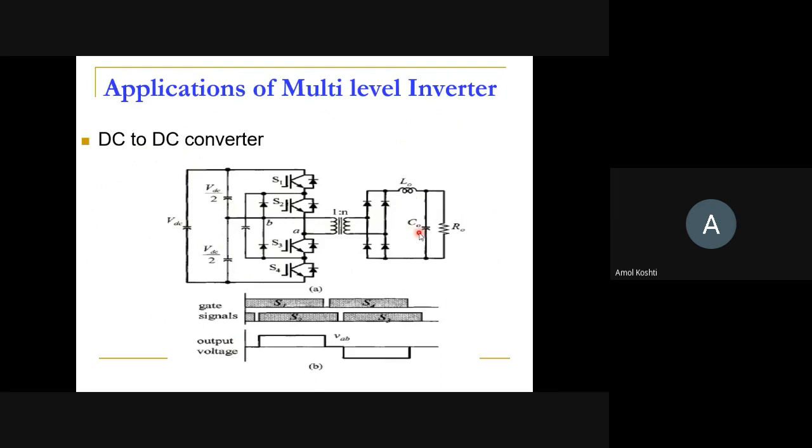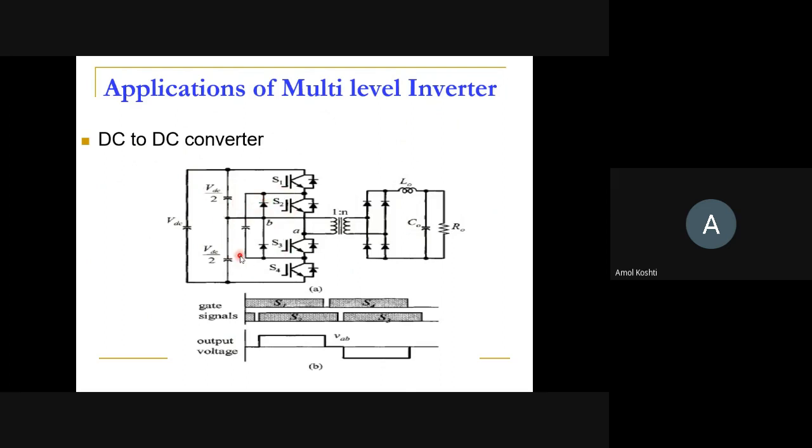There can be some specific applications in the industry where sometimes it is necessary to use these circuits. So instead of using conventional inverters, multilevel inverters are used here. Why?